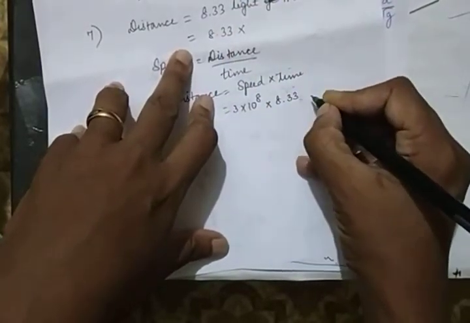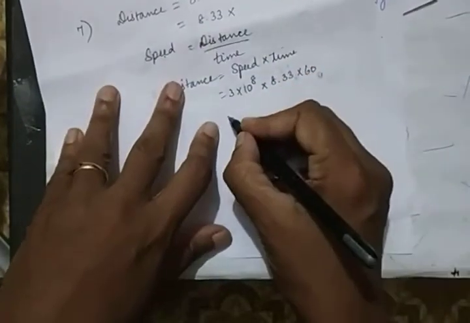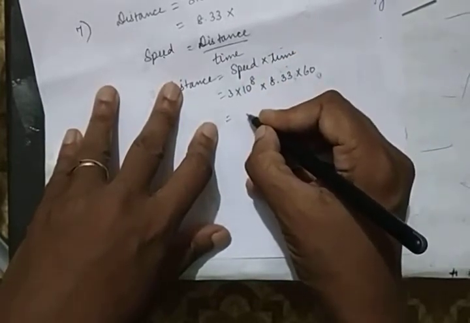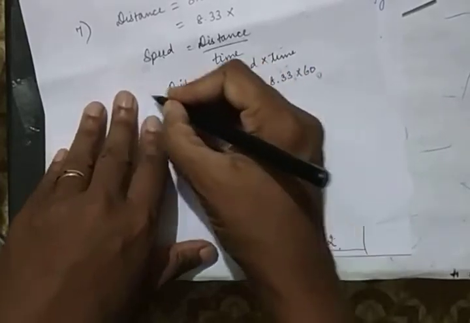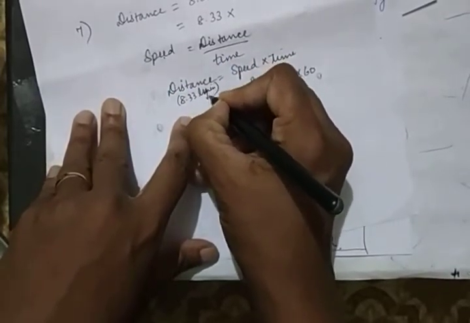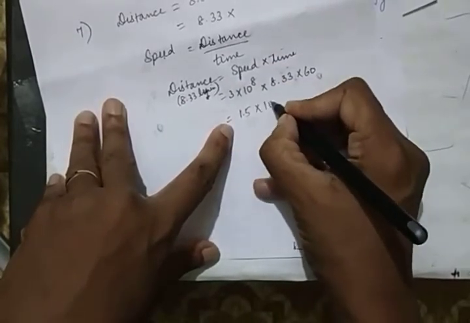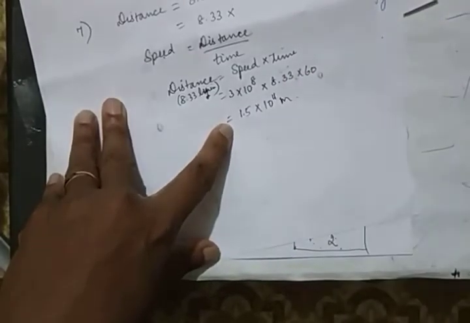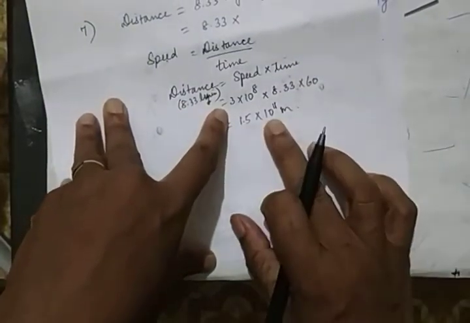If I have to convert it into seconds, 8.33 into 60, since 1 minute is 60 seconds. If I multiply this, this is light minute, so 8.33 light minute will be 1.5 into 10 power 11 meter. Is it clear, children?